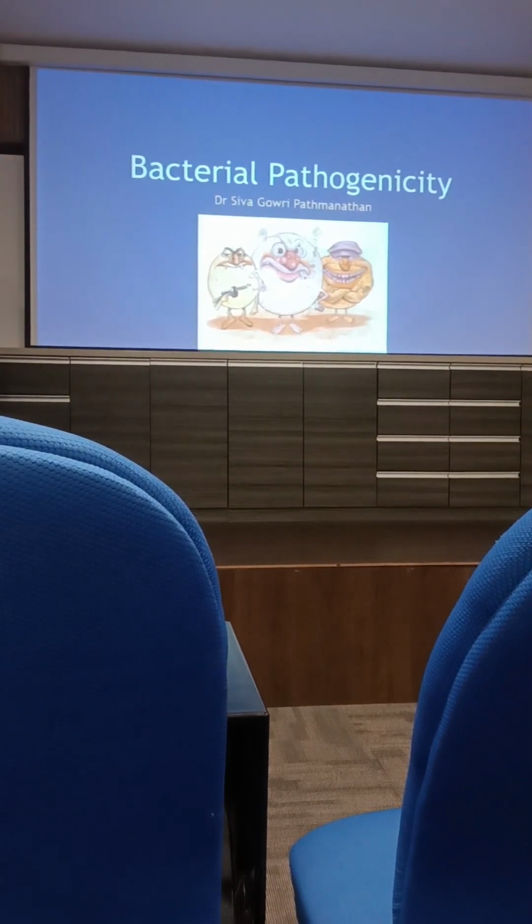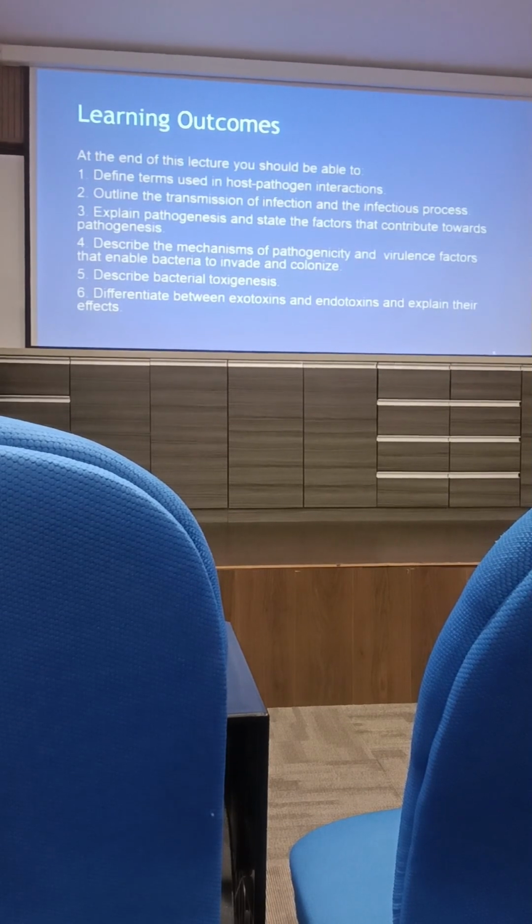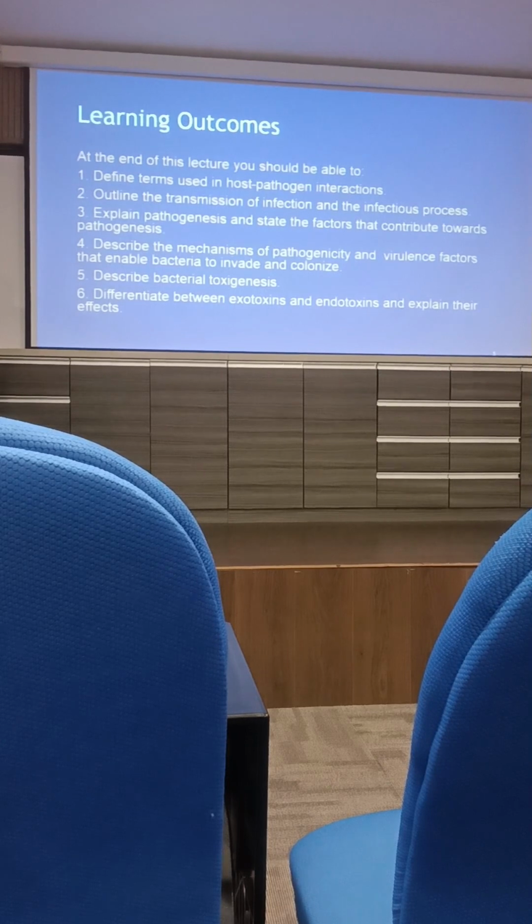Today we move into bacterial pathogenicity. So your learning outcomes. There are a lot of terms today to be introduced. About the host pathogen interaction, how infectious microbes are transmitted.